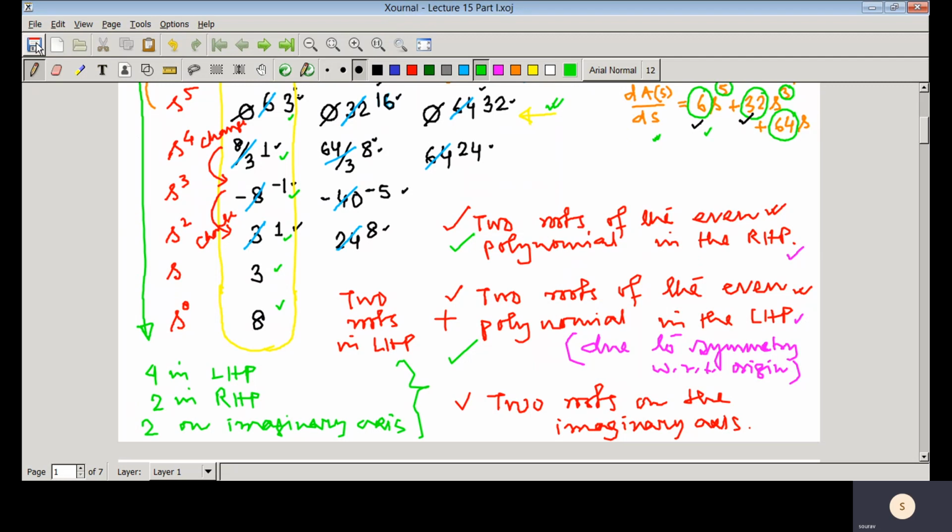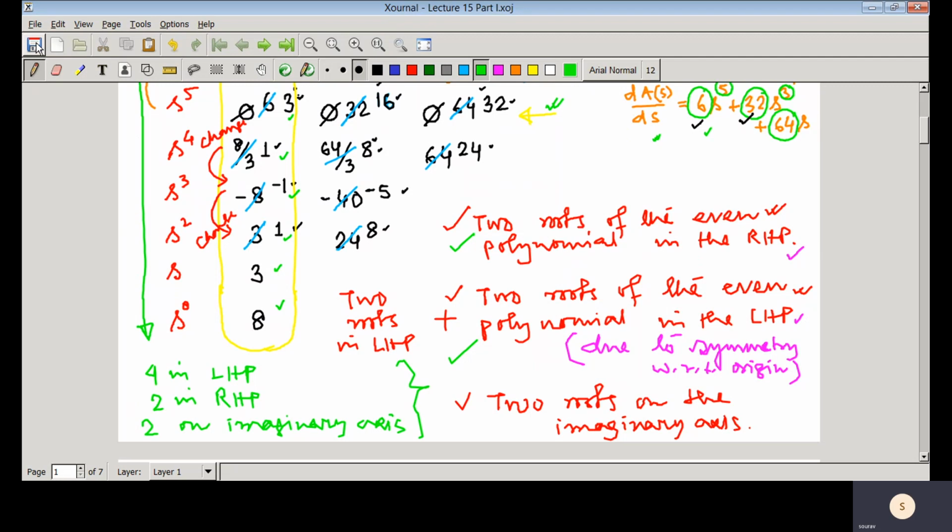So the Routh-Hurwitz criteria that we have discussed in last class, this is a method for finding roots of a polynomial in S domain, and it has two limitations. One limitation is it is only applicable to the polynomial with constant coefficients, and the second one is the stability boundary is always treated as imaginary axis.